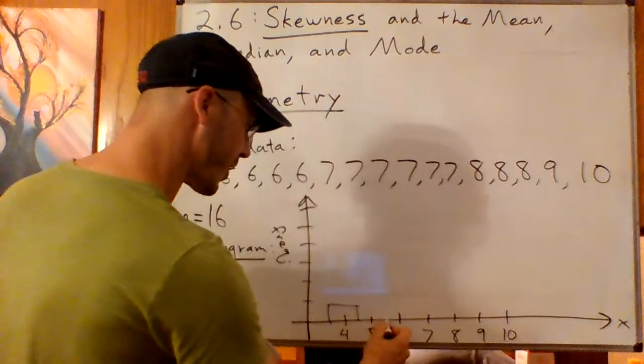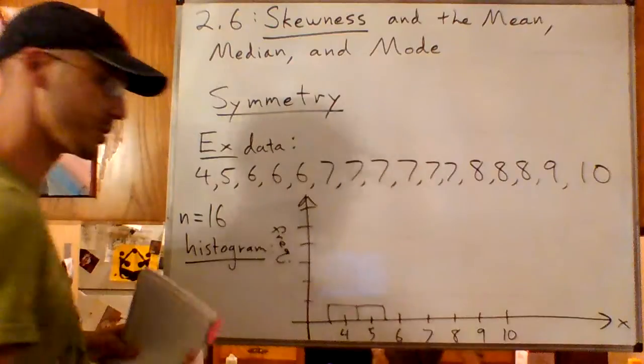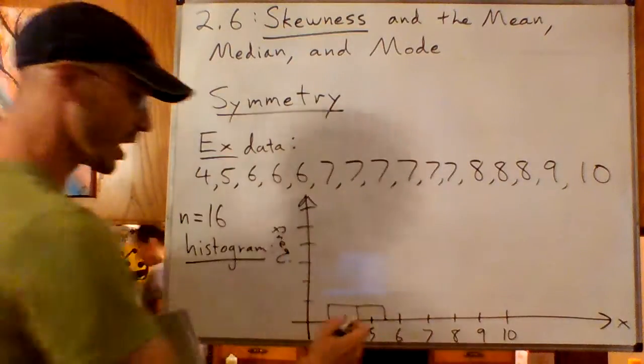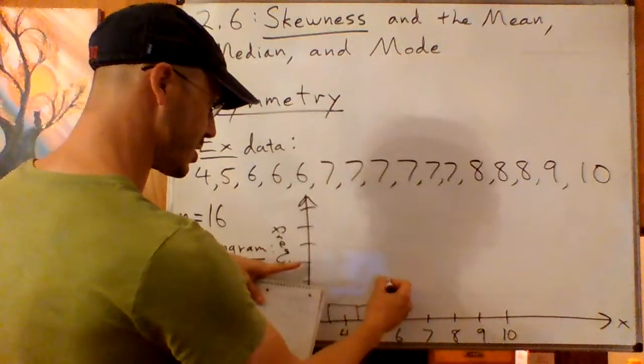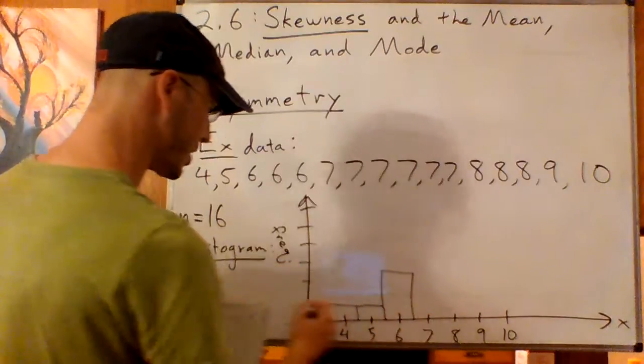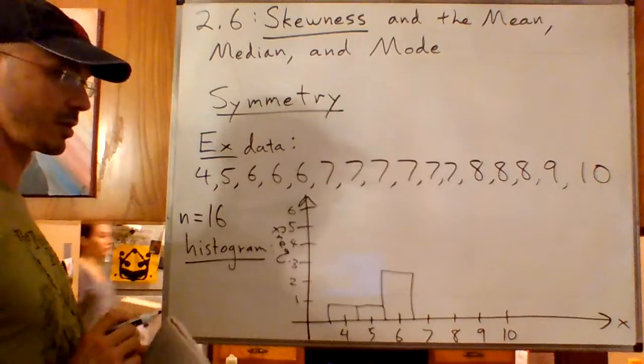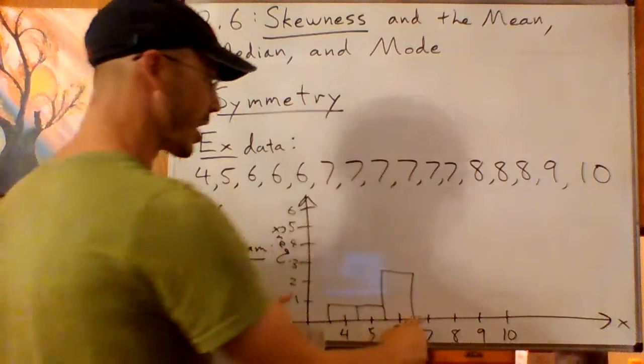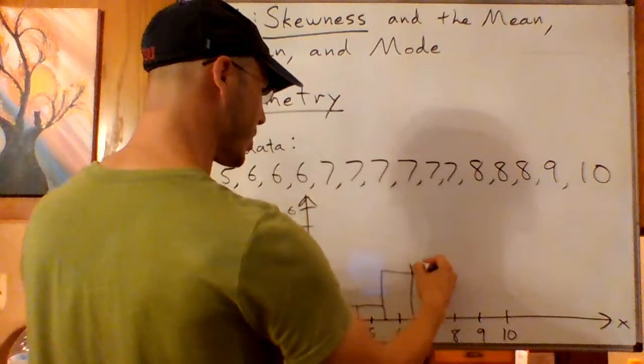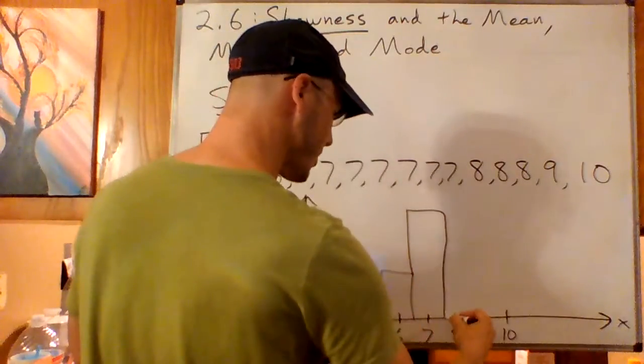There's also only one 5, so that should only have 1 also. There are 3 6s, so that's going to need to go up to the 3. This is 1, 2, 3, 4, 5, 6 on the frequency axis. The 7, as I said earlier, goes all the way up to a frequency of 6.